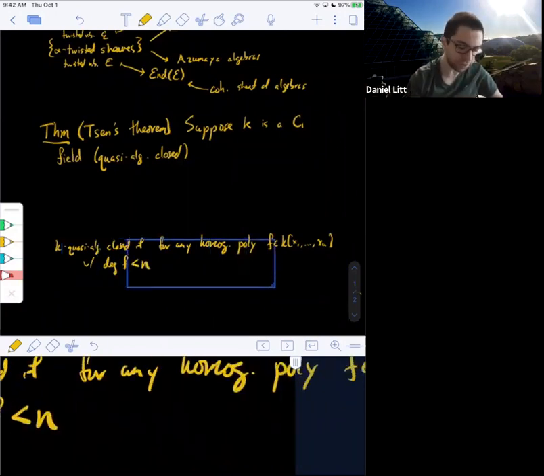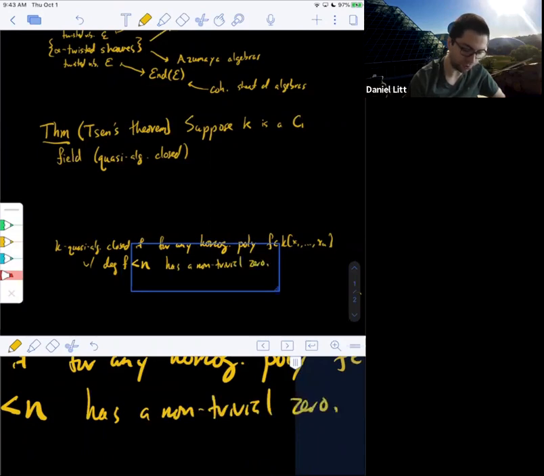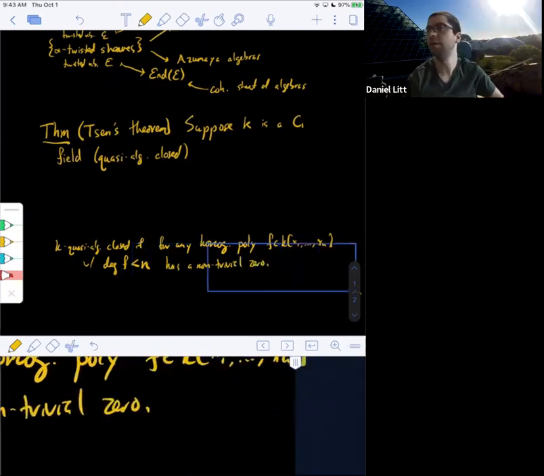And then what's the condition? So we're given a homogeneous polynomial. A homogeneous polynomial always has a trivial zero, namely set all the variables equal to 0. And we're going to assume that it has a non-trivial zero. Okay, and people also sometimes call this a C1 field.